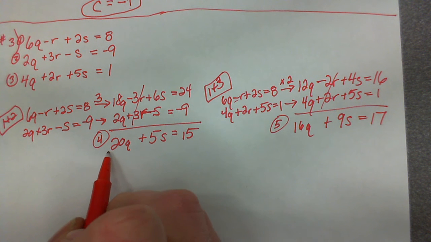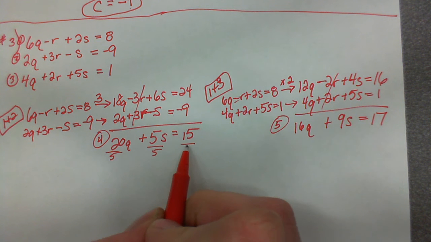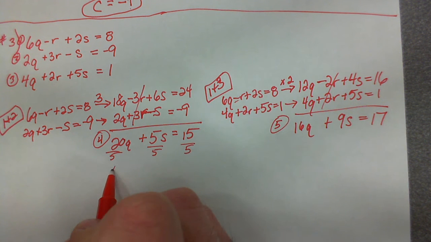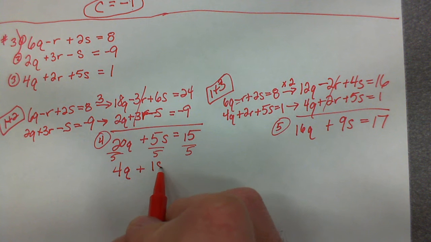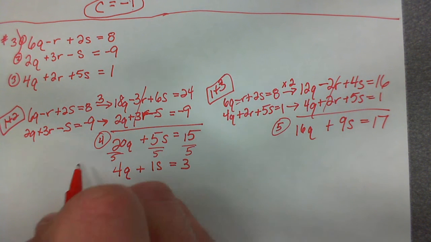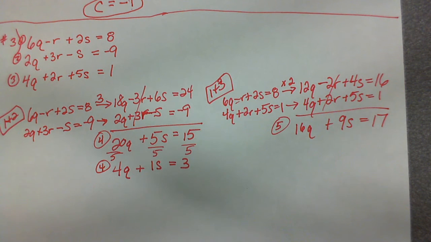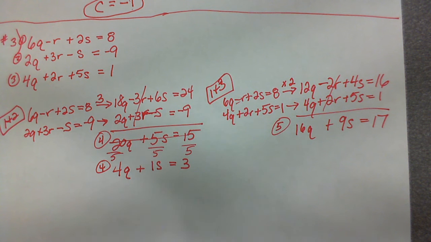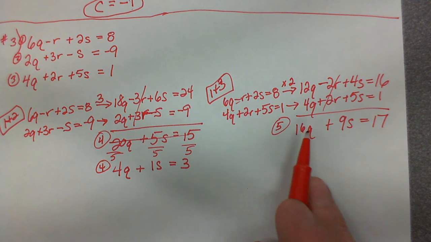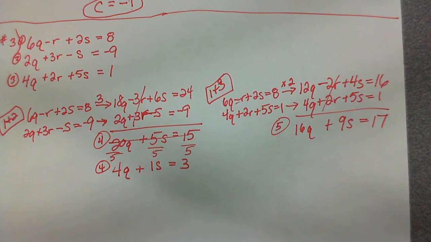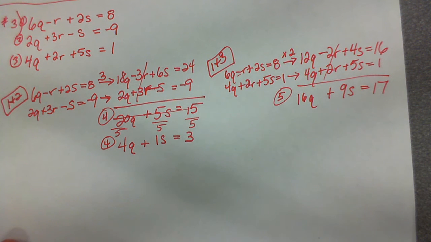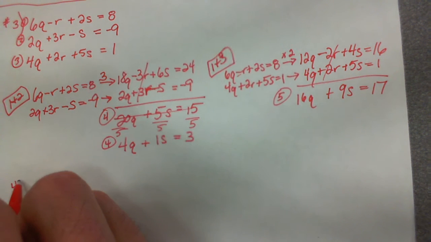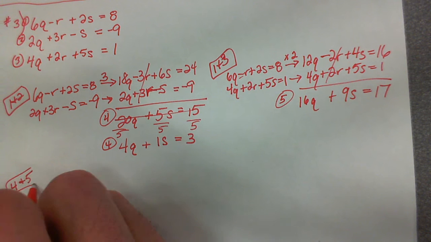So if we divide through the whole thing by 5, divide this by 5, this by 5, this by 5, we get a nice equation of 4q plus 1s equals 3. And this could be our new number 4, okay, instead of that equation. And now we've got a 4 and a 16. I bet you we can work that one out. We can make those both into 16. So let's take equation 4 and 5 combined together.